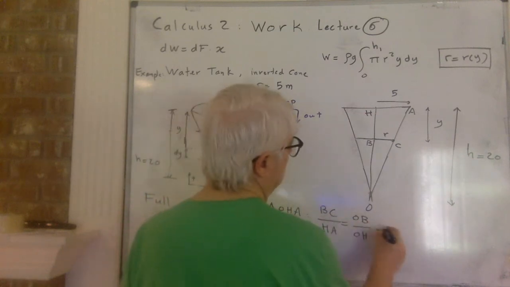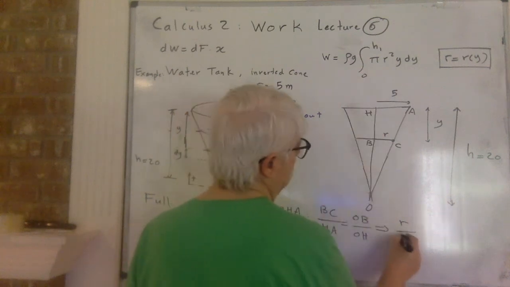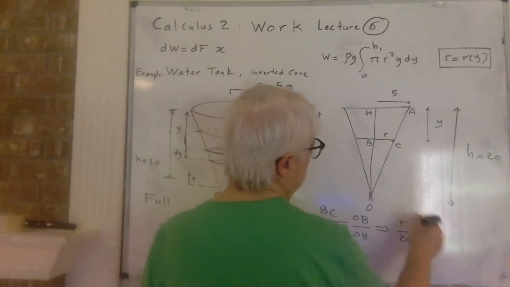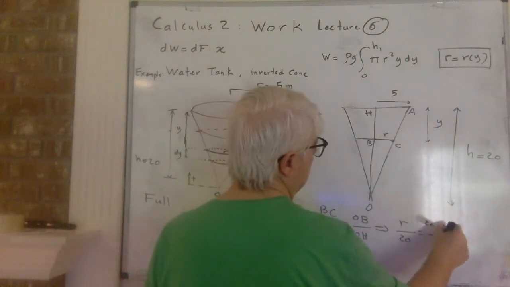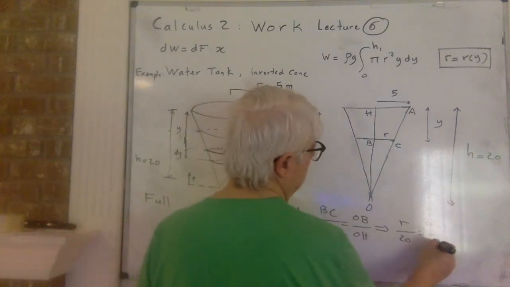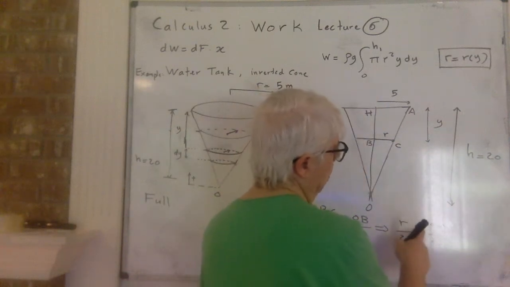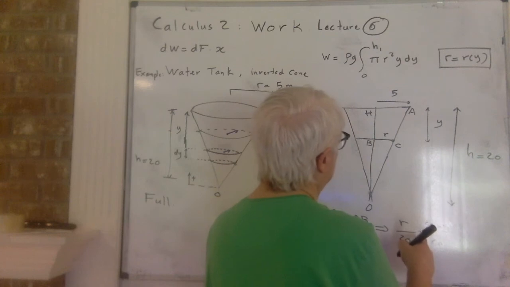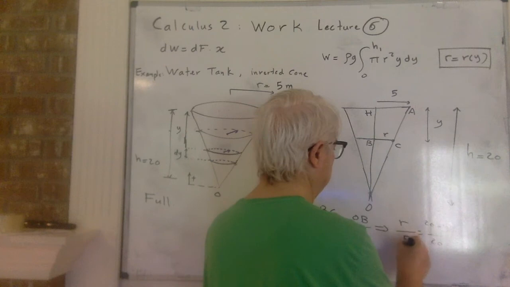So BC is r, OH is 20, OB is 20 minus y, and OH is 20. HA is fine.